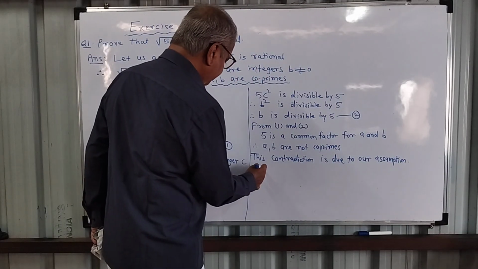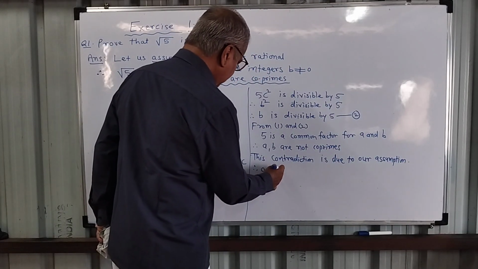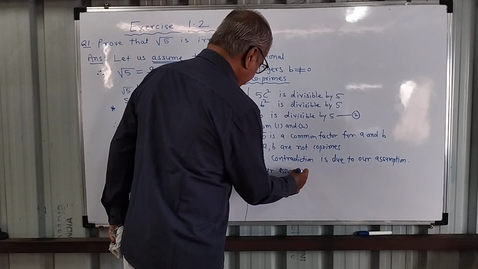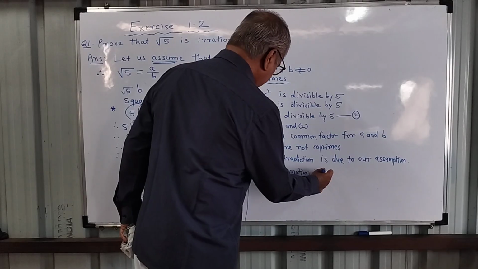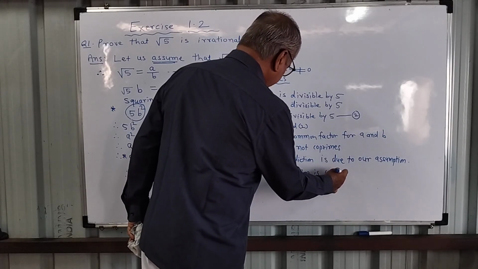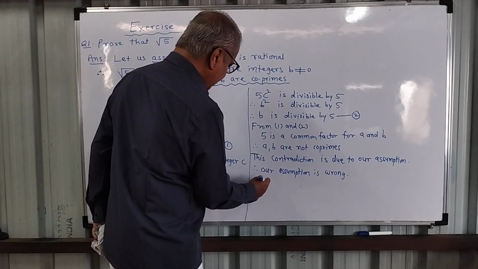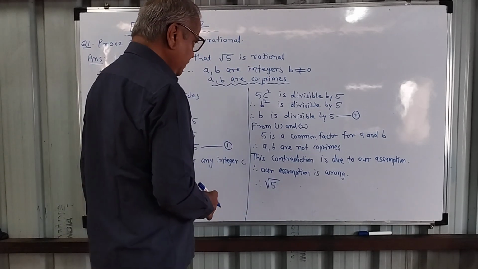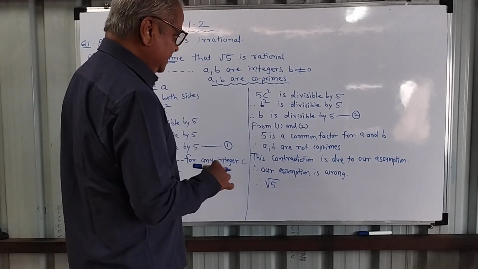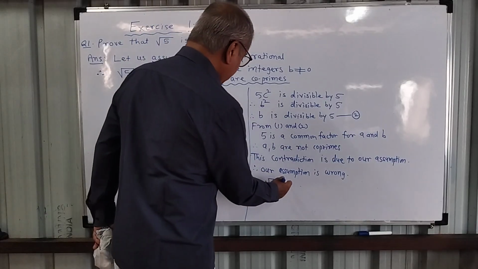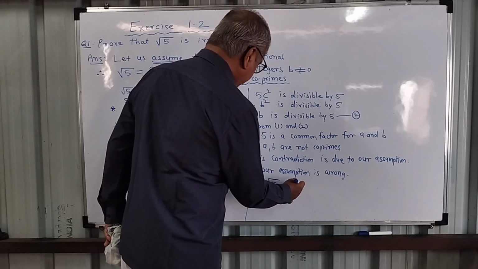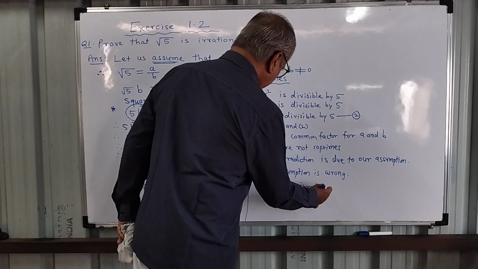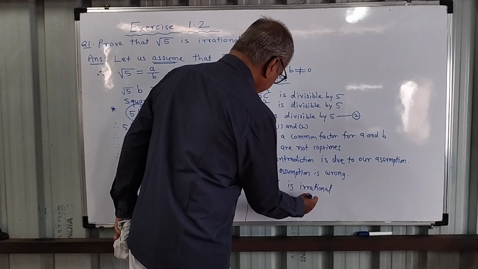Therefore, our assumption is wrong. Therefore, we can say finally √5, what is our assumption? √5 is rational, but which is wrong. So √5 is irrational. Hence proved.